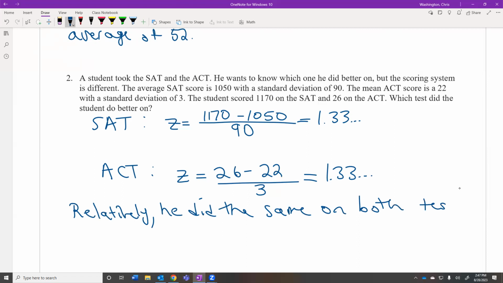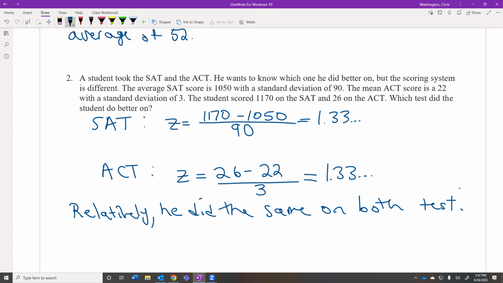So in this case, it wouldn't really matter which one he would send to the college that he wanted to attend. But if one of them was a lot higher, maybe the SAT, maybe he had a z-score of 2.33, and the ACT, he had a z-score of 1.33. He would definitely want to send his SAT score, because relative to everyone else that took it, he did a lot better.